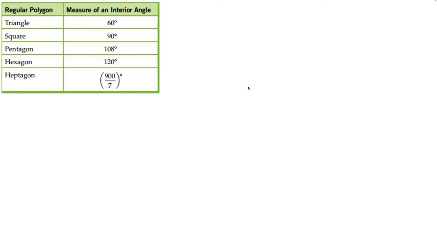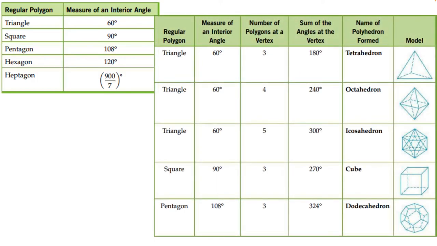Okay. So in this table, you can see the measure of interior angle for each polygon, and we know the number of polygons at a vertex. Okay, so we are extending regular polygons to regular polyhedra. So these shapes will be one of the faces of a polyhedron.